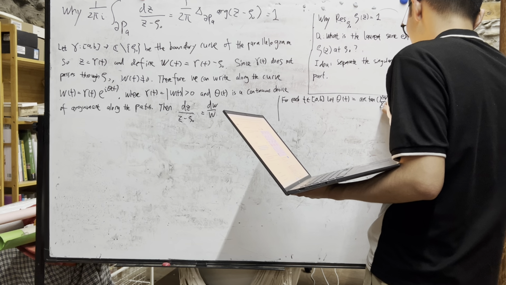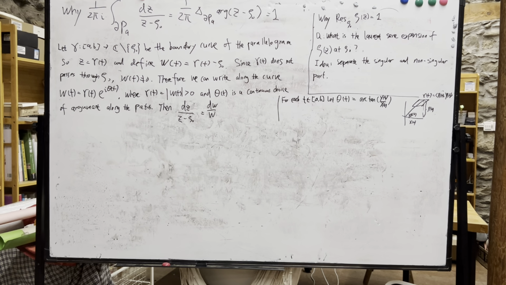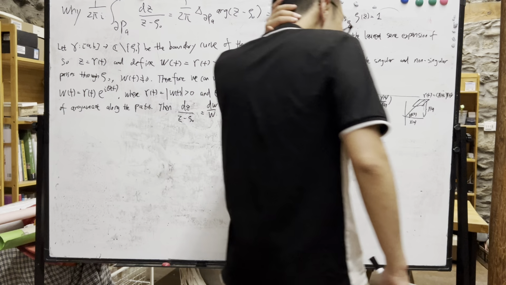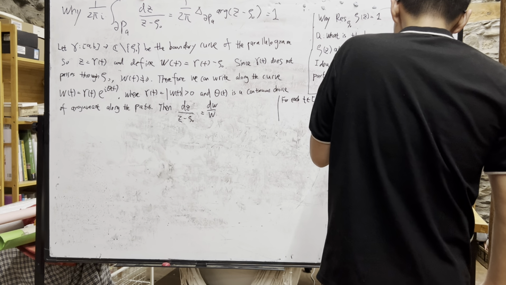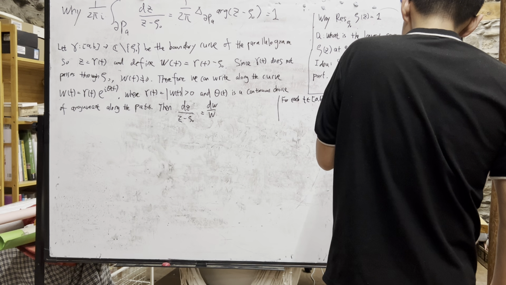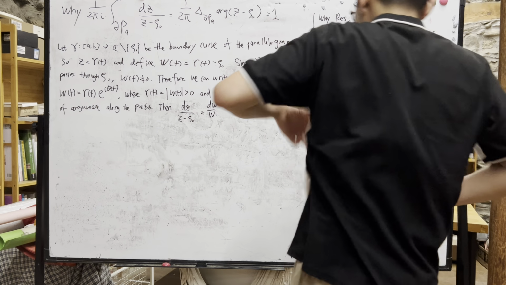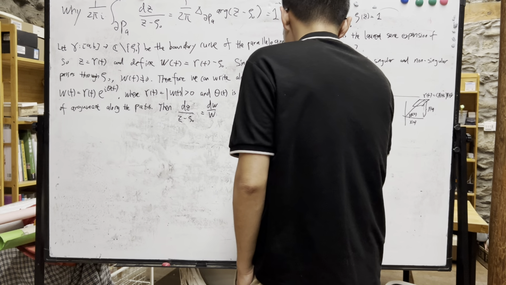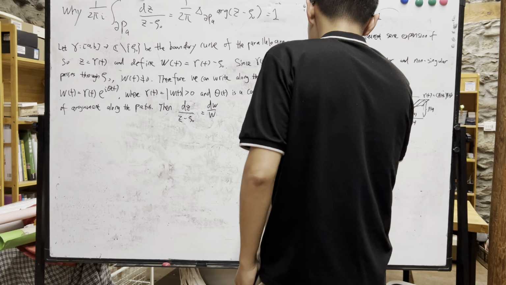Yt over xt. Okay, and then since rt is continuous, right?